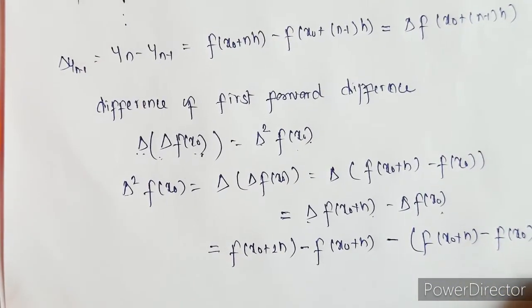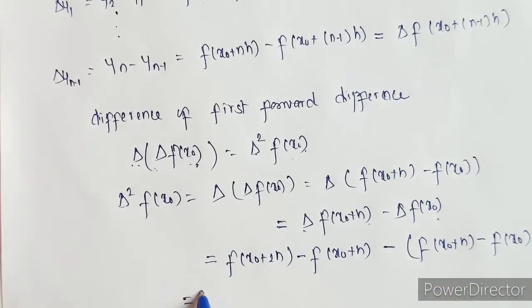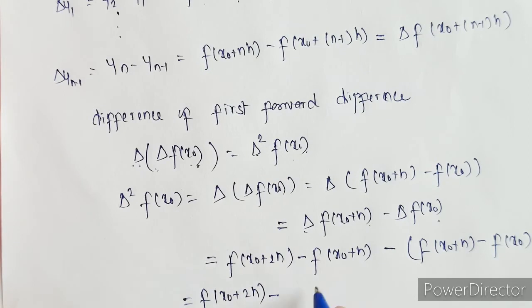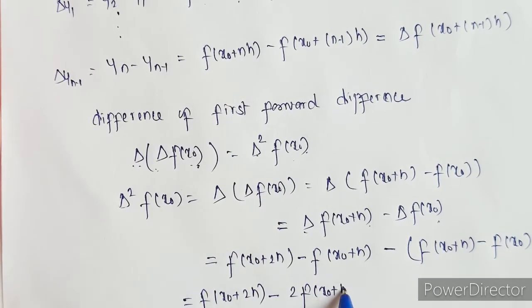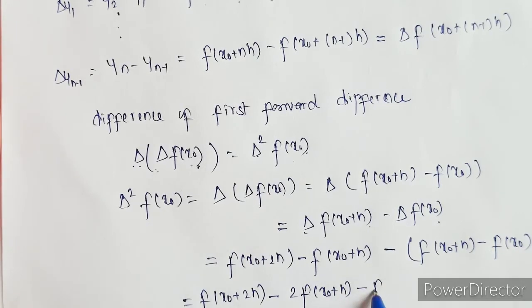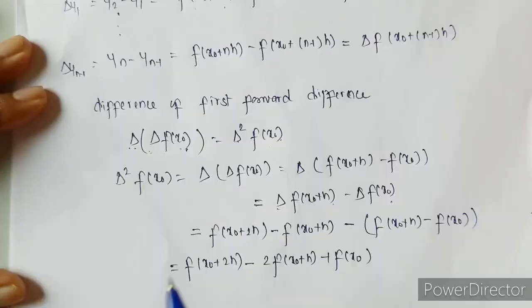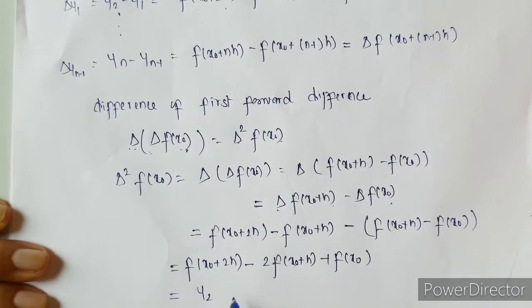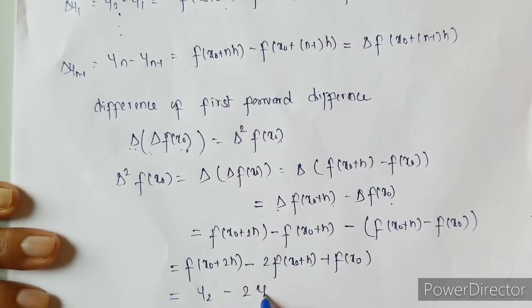If we are simplifying this, this will be f of x naught plus 2h minus 2 times f of x naught plus h plus f of x naught, which is nothing but y2 minus 2 times y1 plus y0.